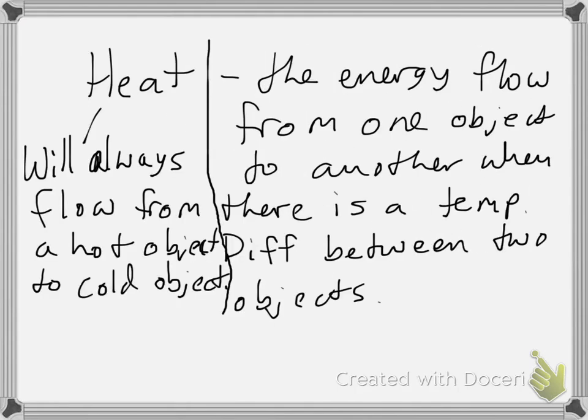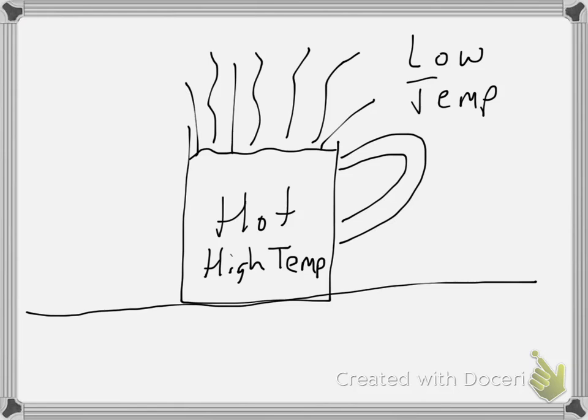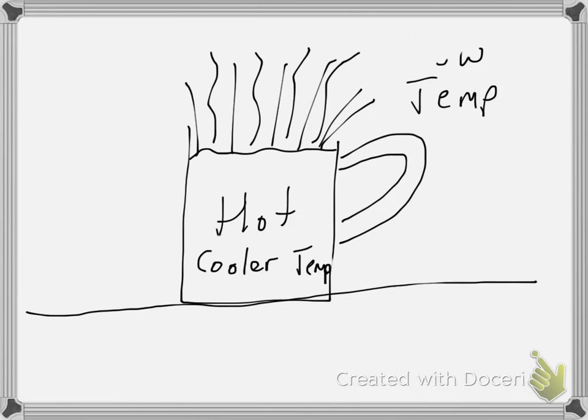What this principle is saying, that it will always flow from a hot object to a cool object, means that if you let the cup sit here, it will give some of its heat out into the air, and then after a while, the cup will have a slightly cooler temperature than it did before, while the room will get a slightly higher temperature.